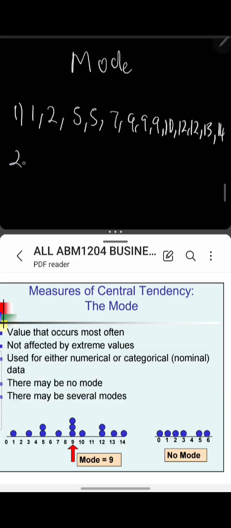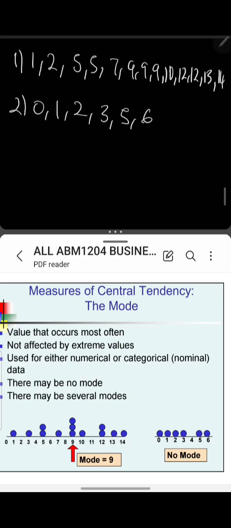And example 2 has items 0, 1, 2, 3, 5, 6. So you get the modes for those scenarios.